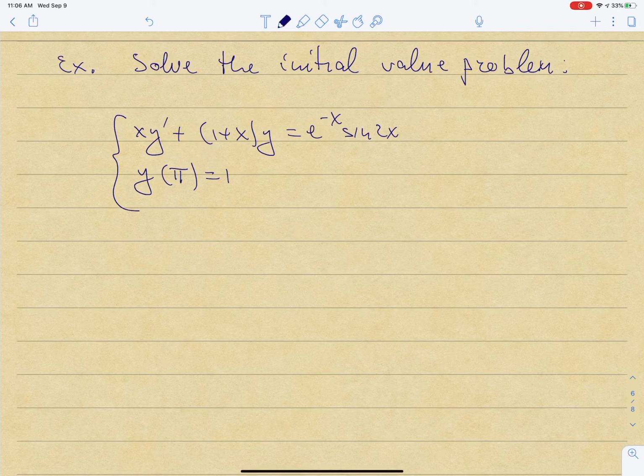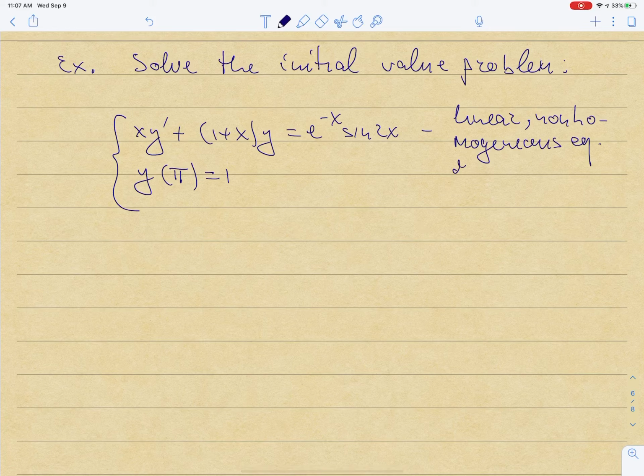So this would be a linear. The right-hand side is not zero, so non-homogeneous equation of the first order.